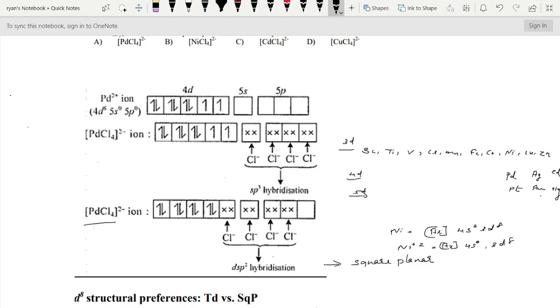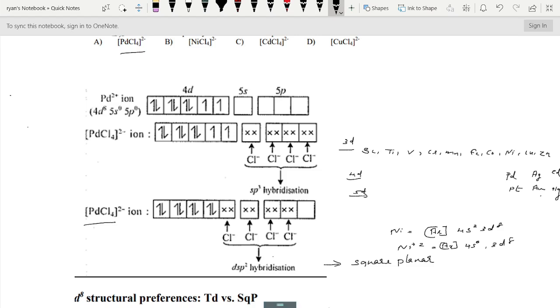In the case of Pd2+ also, it is a 3d8 configuration. Second and third row d8 complexes are virtually square planar. Therefore we can say PdCl4 2-, that is square planar geometry.